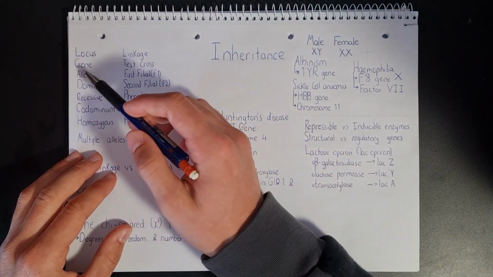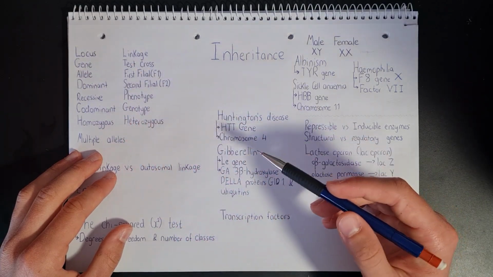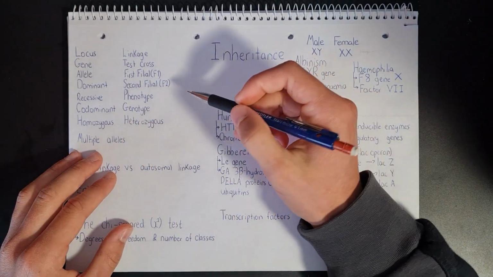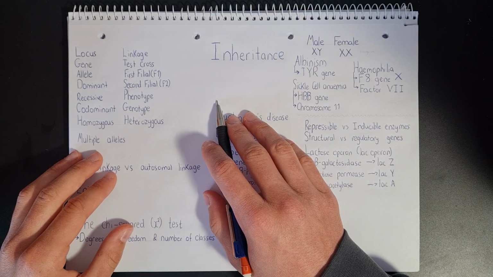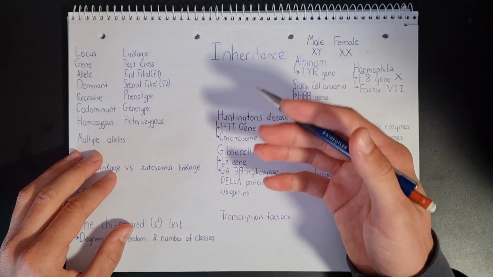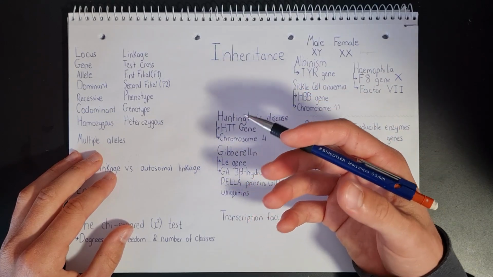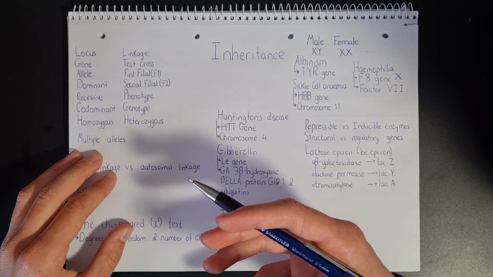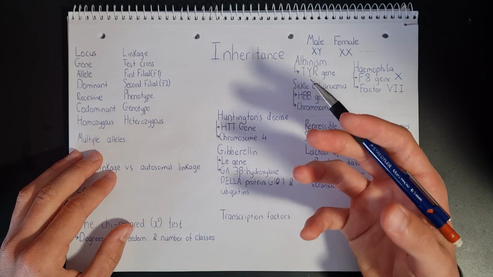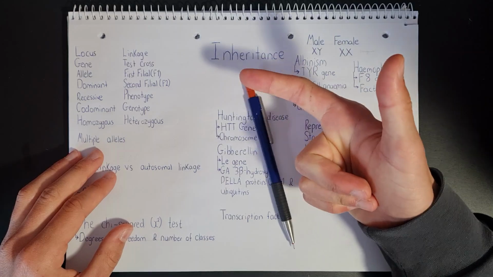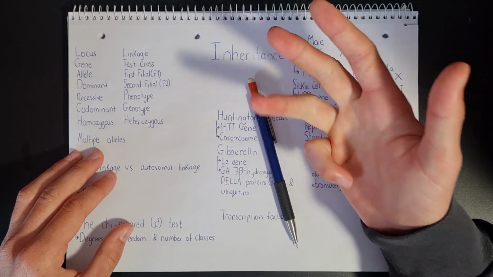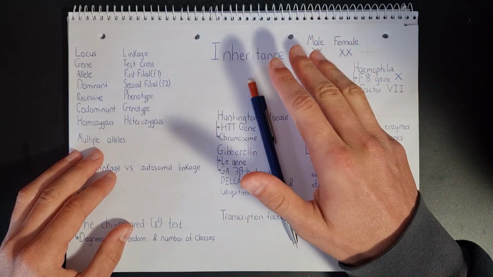So as we discussed before with the pod color of peas, we can either have a green pod color or a yellow pod color. In other genes, like for example in the eye color of humans, there are numerous different variations of that gene. We can have blue eyes, we can have brown eyes, we can have green eyes, hazel eyes, all of these different variations.